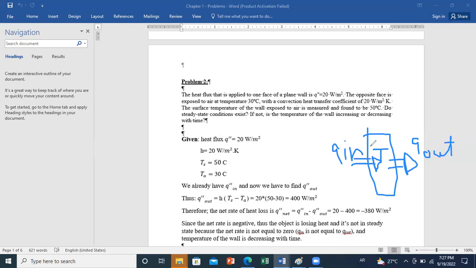Now, if we read this problem, we have different conditions on the two sides. At one face we are imposing a flux of 20 watt per meter square, and the area is given.